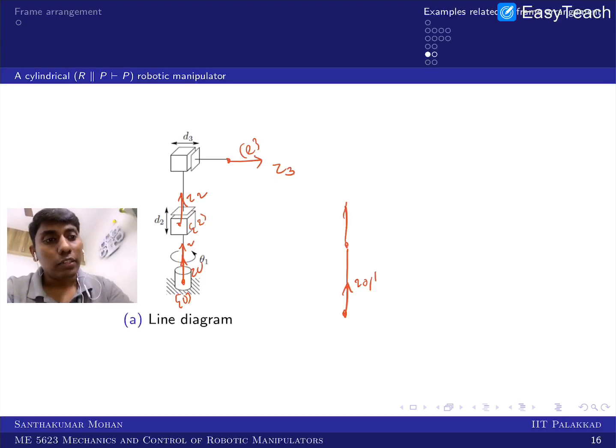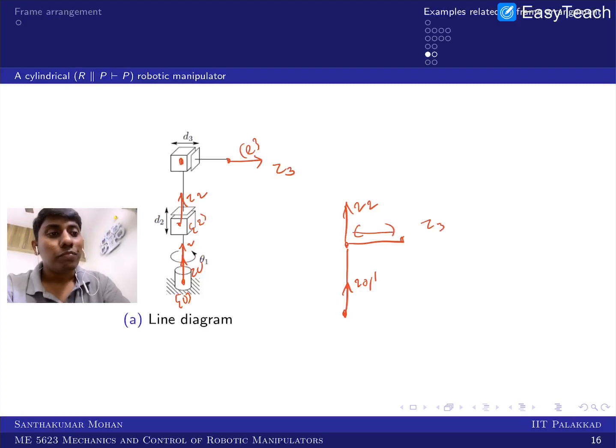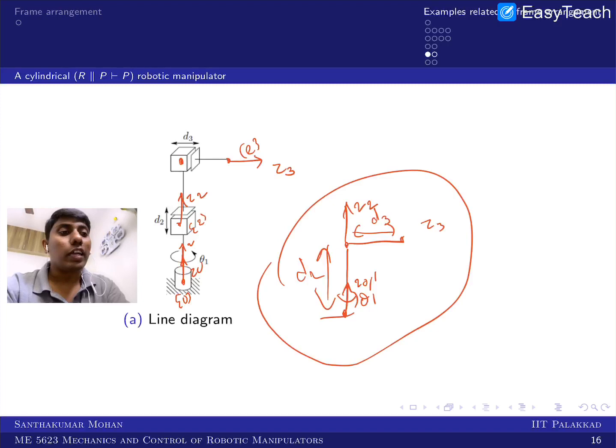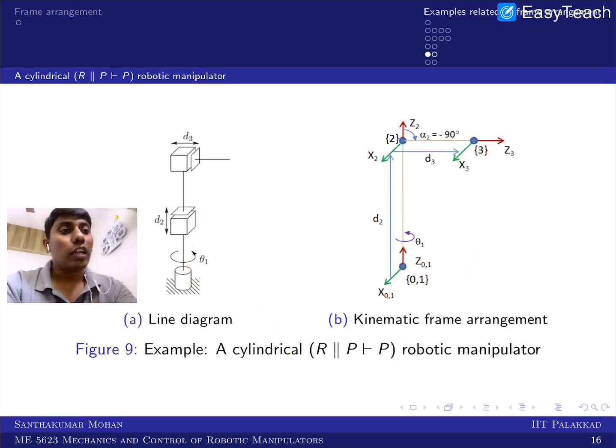Okay, and Z2 I'm keeping further at this end. Then I'm taking Z3. So this is my displacement d3, and this is the displacement d2, and this is theta 1. Okay, so like that we can achieve it, and we can move forward. This is what I have done here, and you can see that theta 1, d2 and d3 are variable.